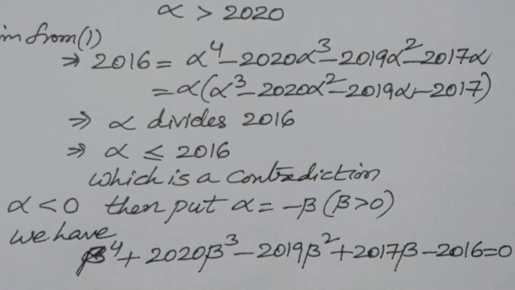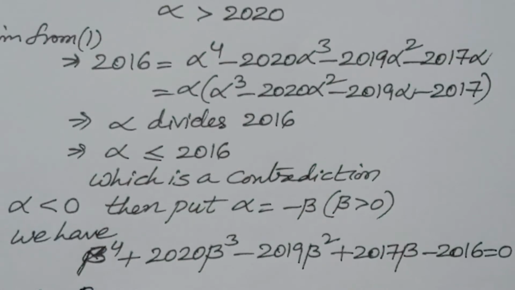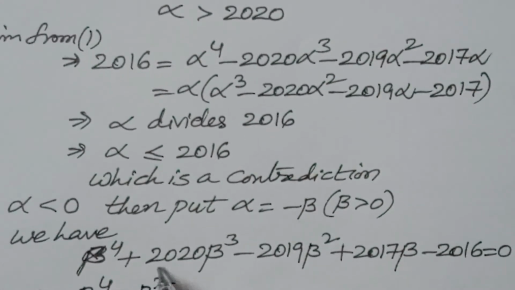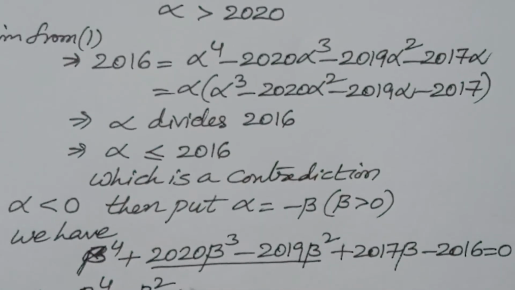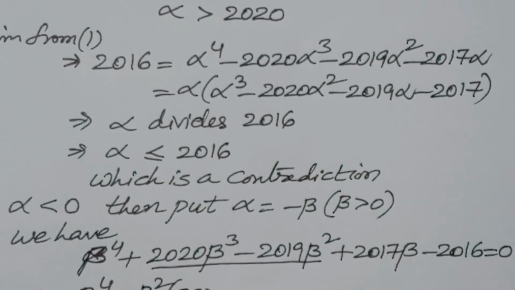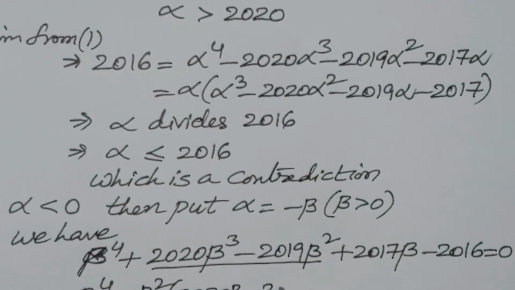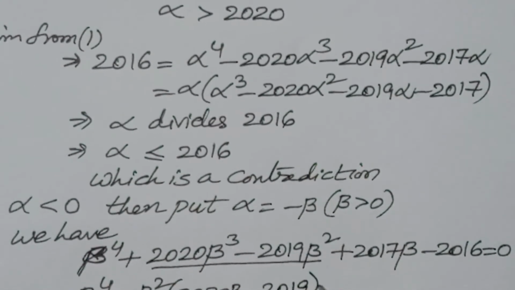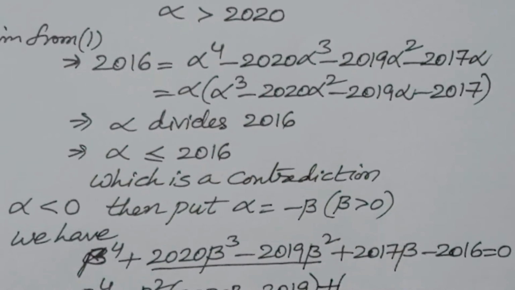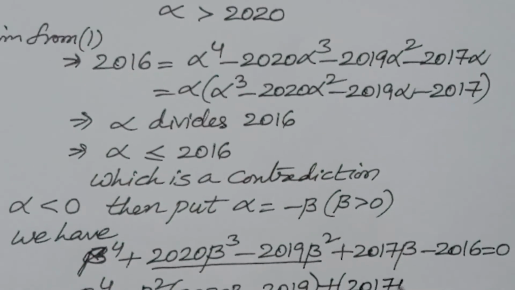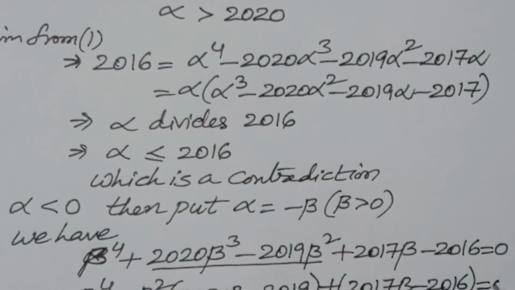So here, taking beta square common in the first terms, beta^2(beta^2 + 2020 beta - 2019) + 2017 beta - 2016 should be equal to 0.